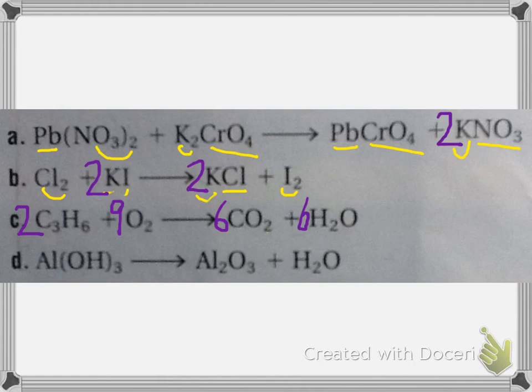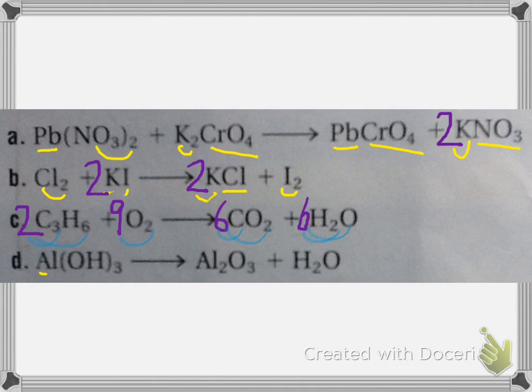I think I'm balanced. I'm going to check. 2 times 3 makes 6 carbons, and I have 6 carbons. 2 times 6 makes 12 hydrogen. 6 times 2 makes 12 hydrogen. 9 times 2 makes 18 oxygen. 6 times 2 is 12 oxygen, plus 6 more makes 18, so this is balanced.